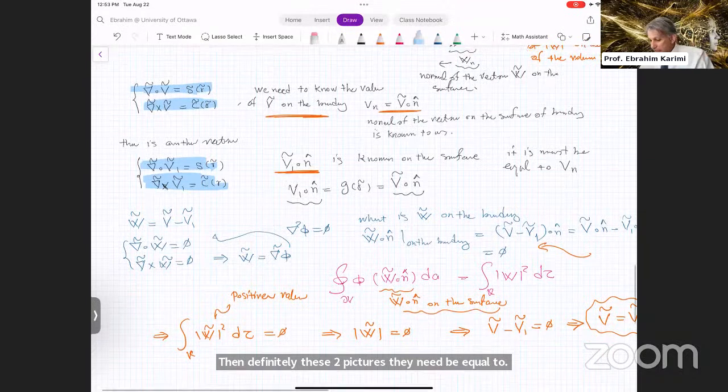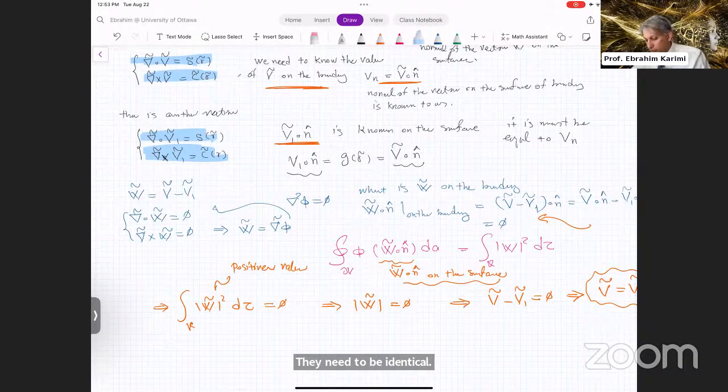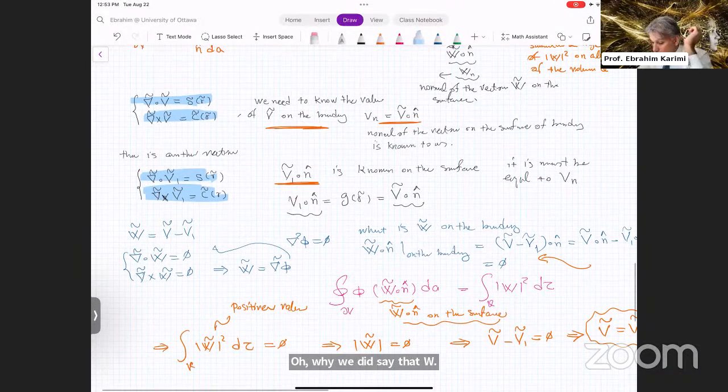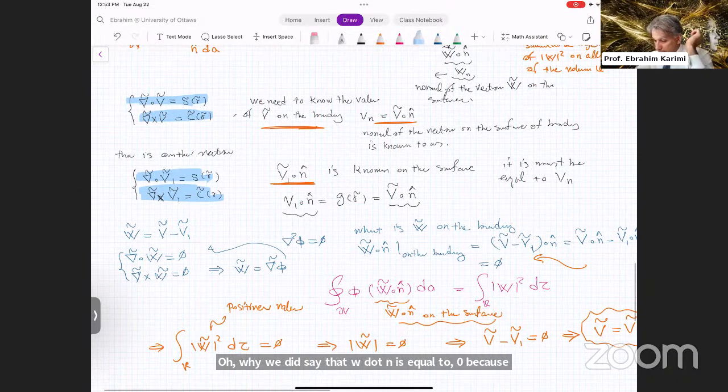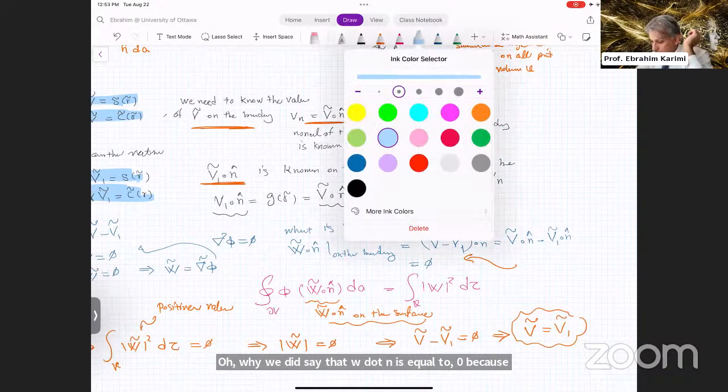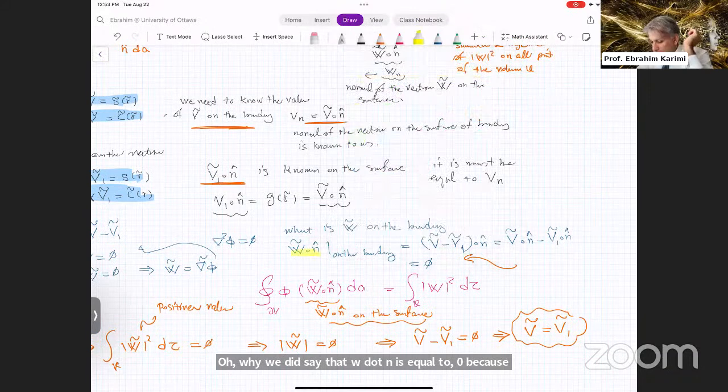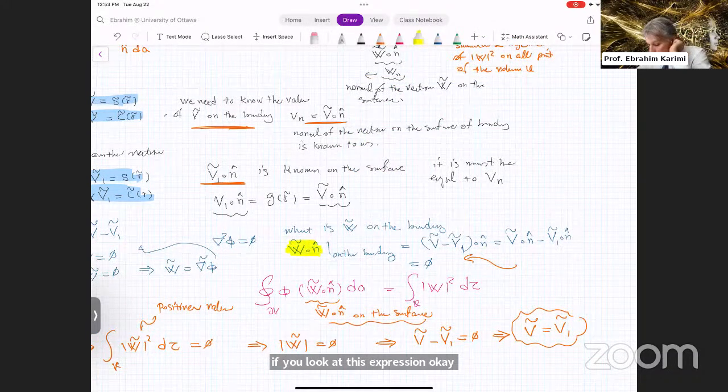Why did we say that W dot n is equal to 0? Because if you look at this expression, what is W dot n? It is V minus V1 dot n, right? What is V1 dot n on the surface?